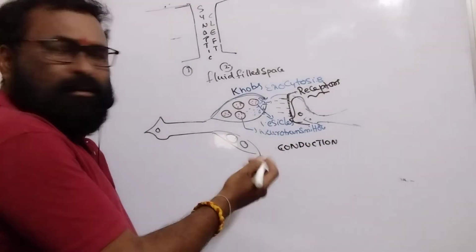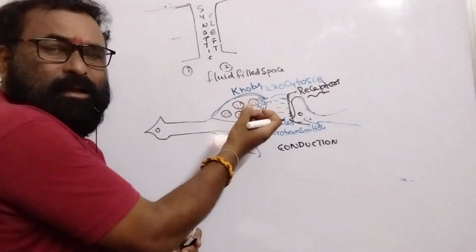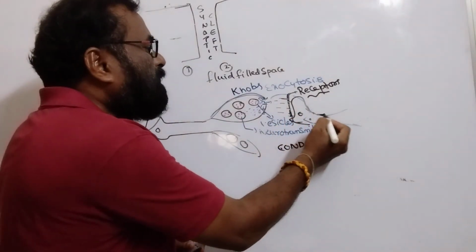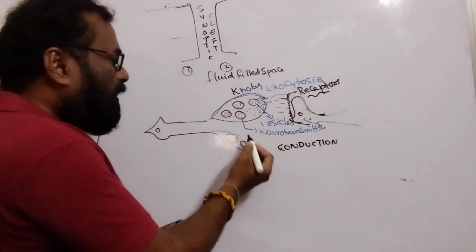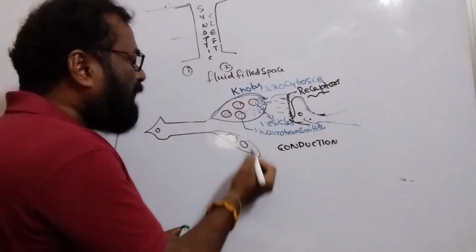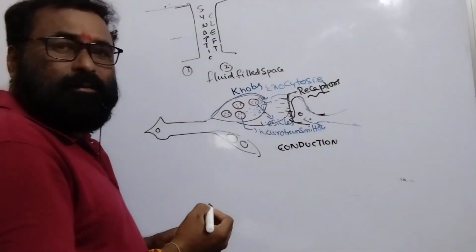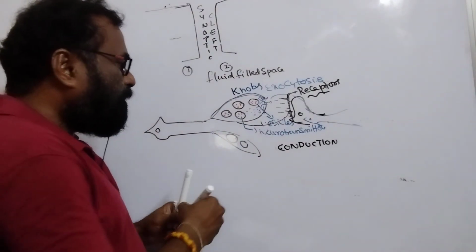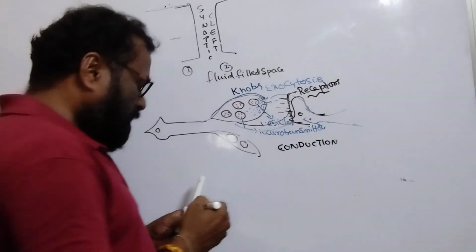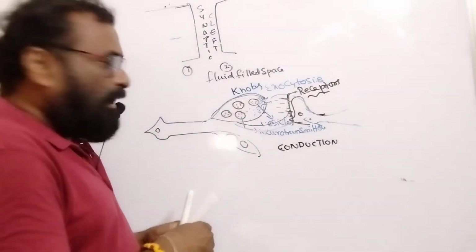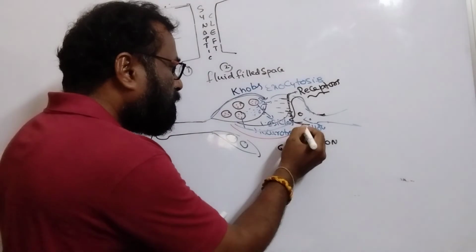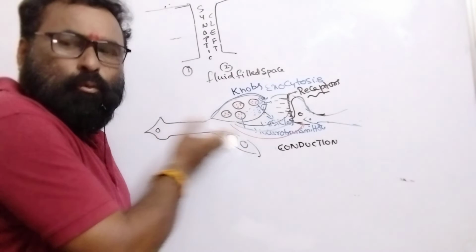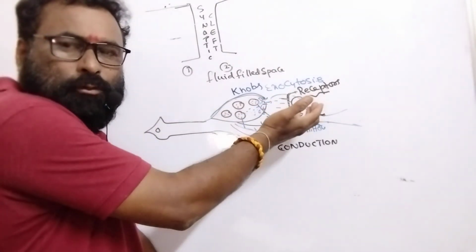During conduction, some action potentials have the capacity to cause depolarization in the next nerve cell. For example, I am taking one action potential, a second action potential in blue, and a third in red. The action potentials move from this zone to this zone.